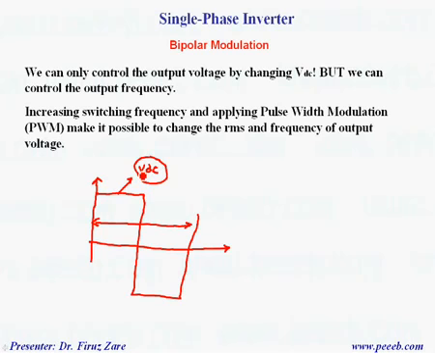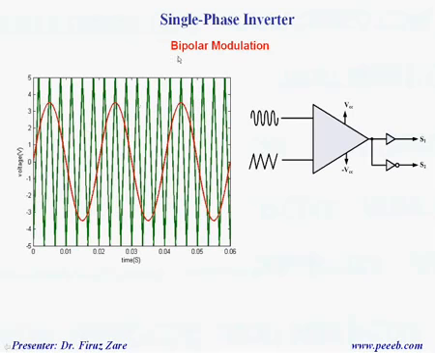But if we increase the switching frequency, that means over one cycle we have many pulses instead of one pulse, then it's possible to change the frequency and voltage. Here you can see the switching time, which is equal to 1 over switching frequency.